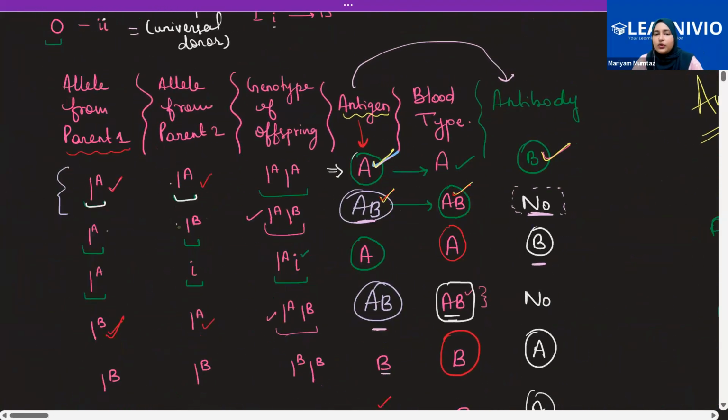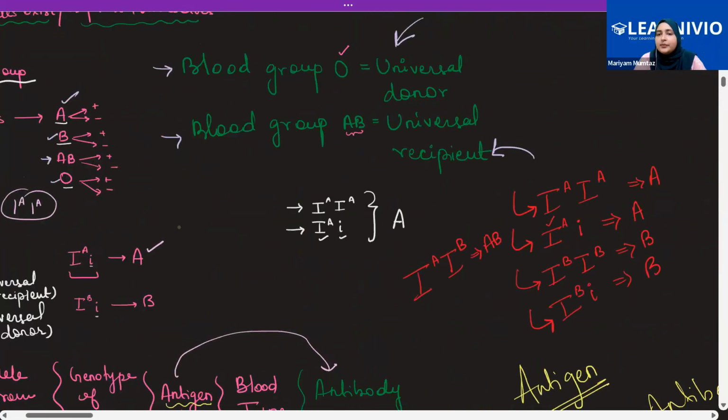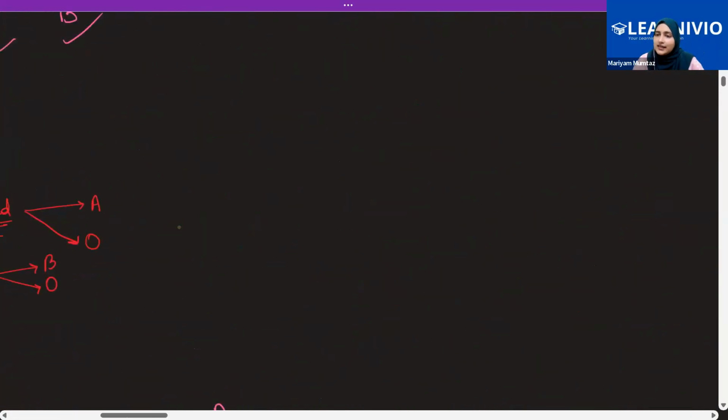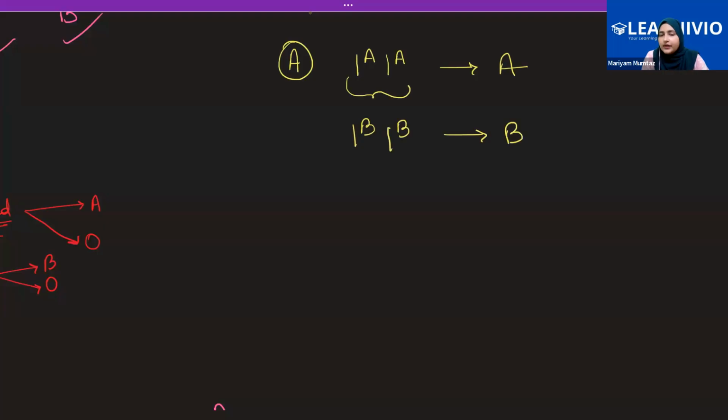See, for example, this is the whole chart of how the blood group gets expressed. Every particular character has some sort of genotype. So, for example, for blood group A, IA IA is a homozygous condition, and this is when the blood group is going to be A. IB IB is when the blood group is going to be B. Then IA IB is when the blood group is going to be AB.